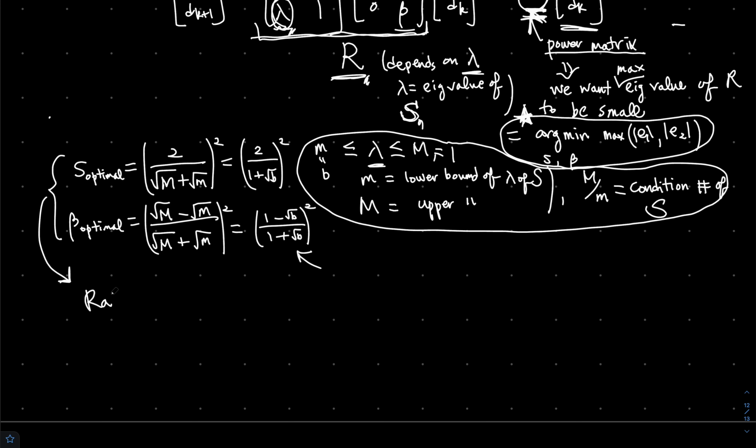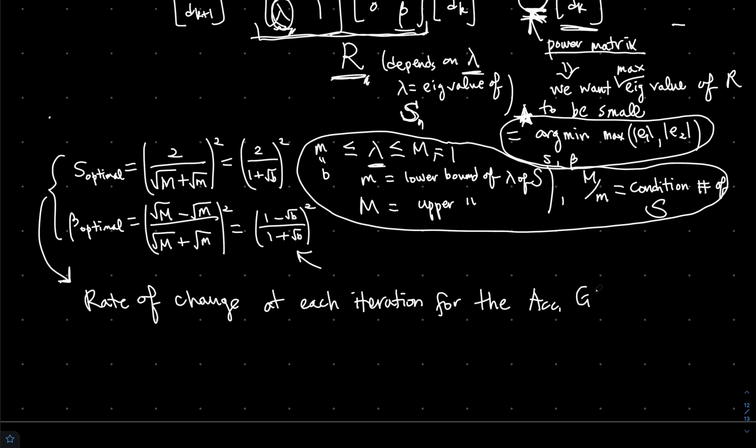So again, the rate of change at each iteration for the accelerated gradient descent becomes 1 minus root b over 1 plus root b squared for our example.